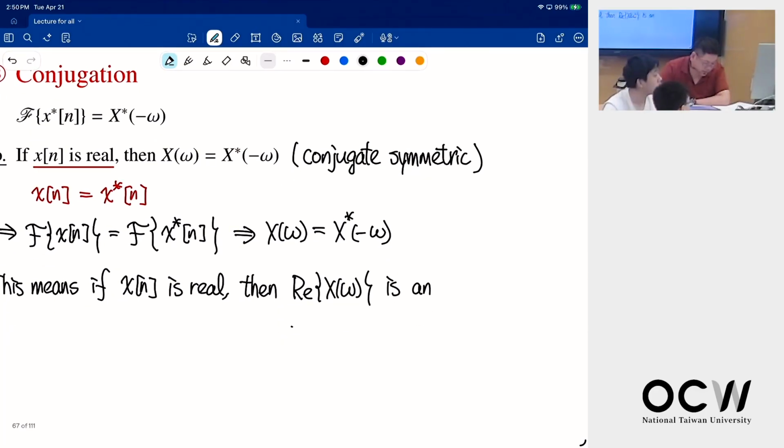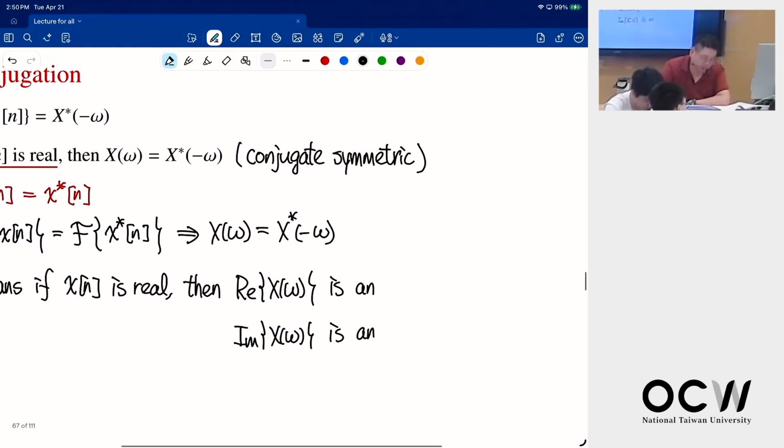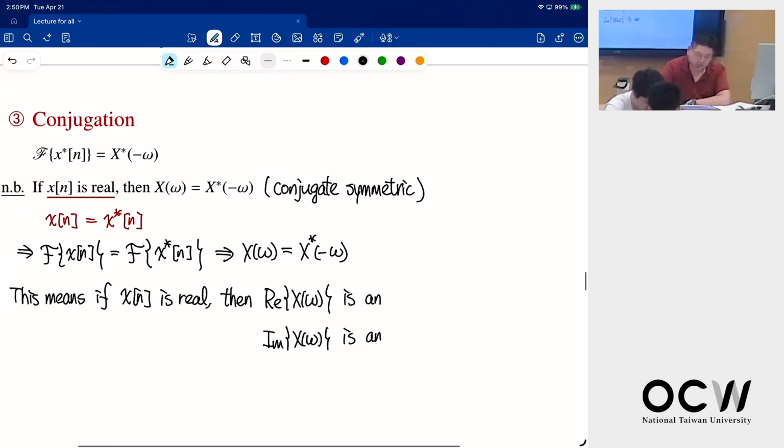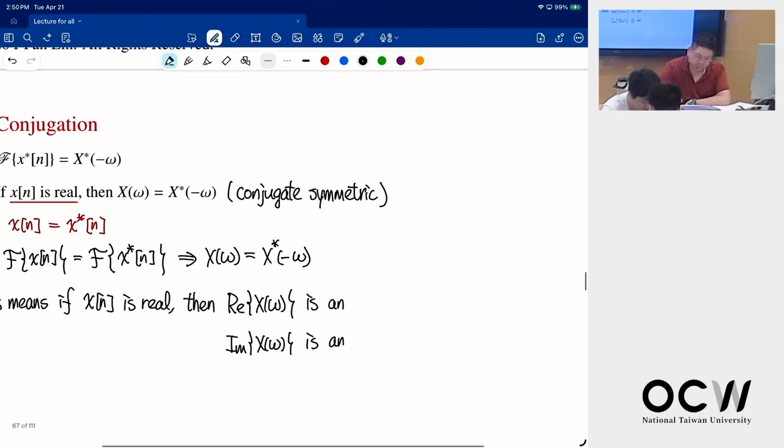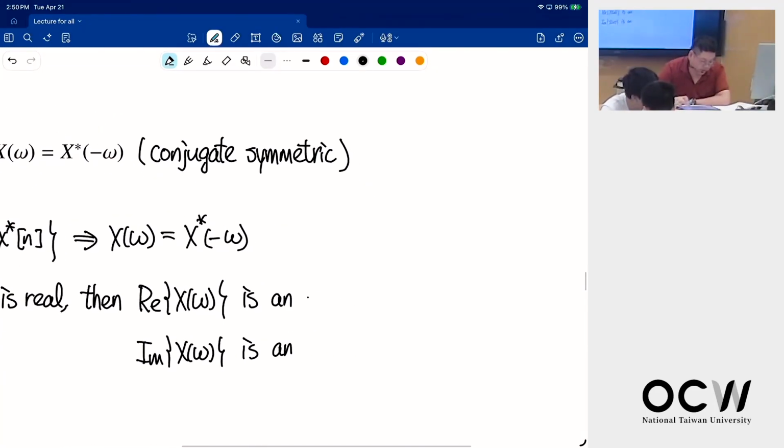And also the imaginary part, even function or odd function of omega? The real part will be an even function, and the imaginary part is an odd function.